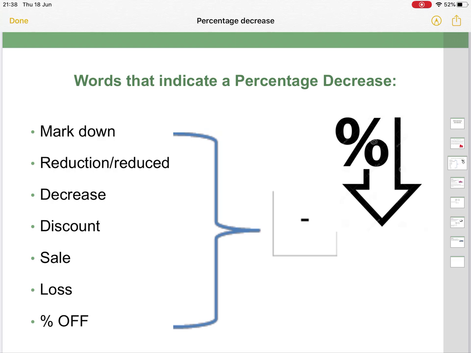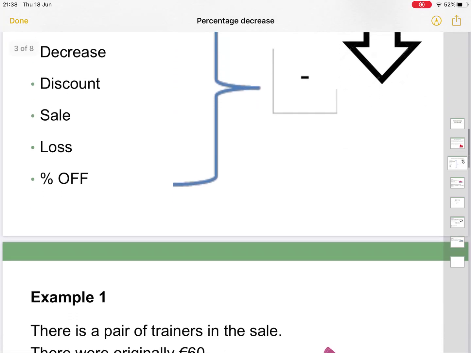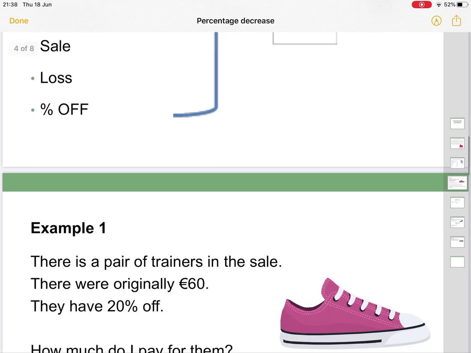And when we have that mark percentage off, right? So all of these words indicate a percentage decrease, and to work a percentage decrease we must subtract, okay? Because the number is becoming smaller, the price is becoming smaller, so we must subtract from the original price.